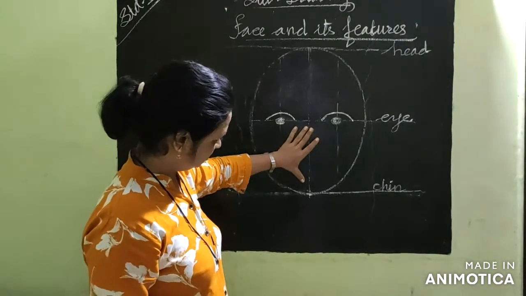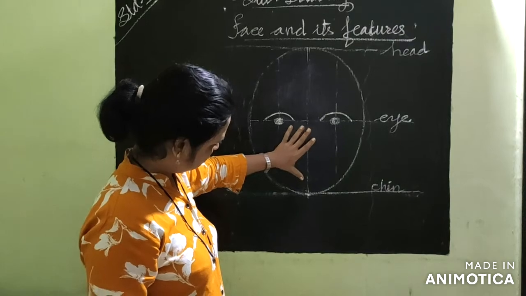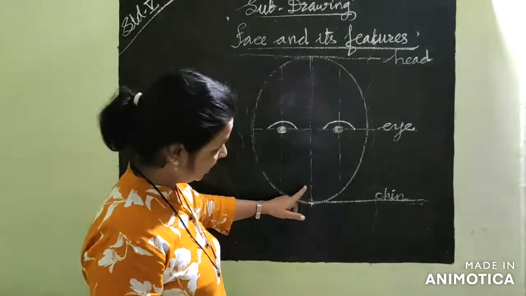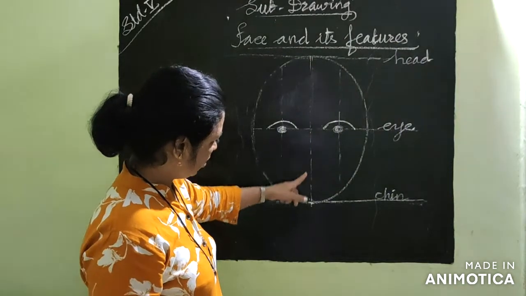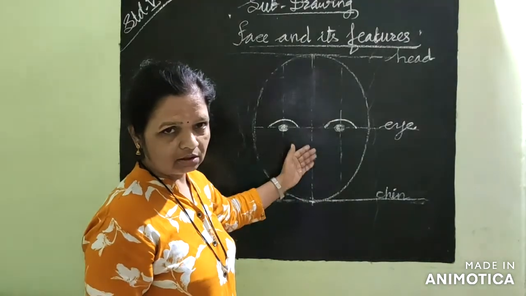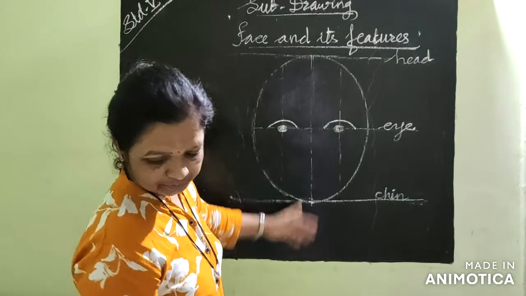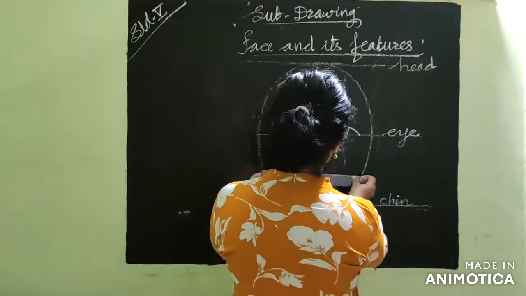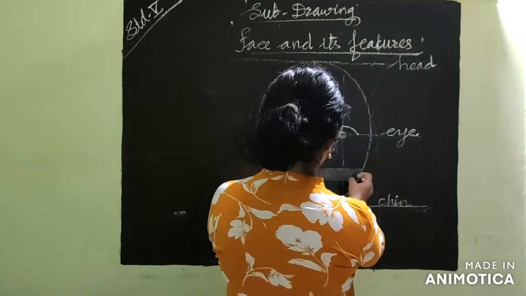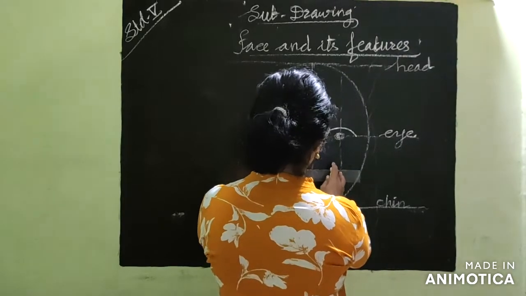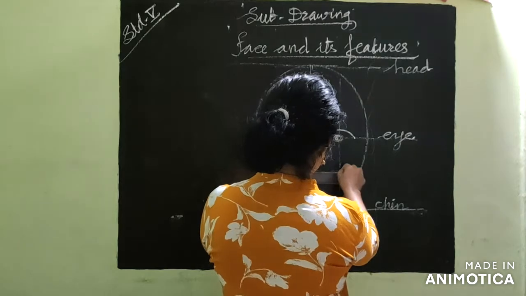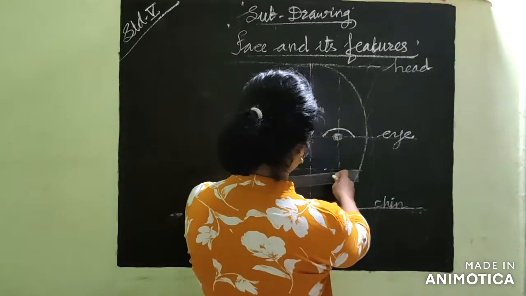Now we have this downside part. So again divide this part equally. Count this much distance and divide it. So we can imagine the equal part, or you can count, no problem.